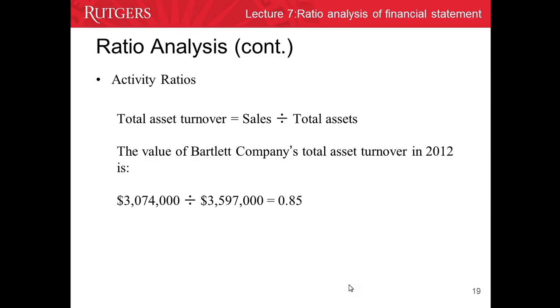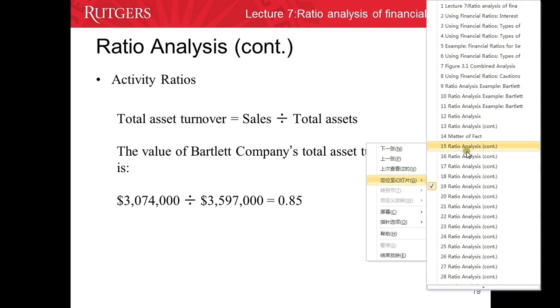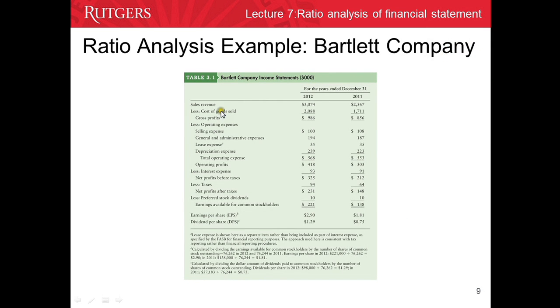Another activity ratio is the total assets turnover, which equals the sales divided by the total assets. Let's go back to the case. You can see that the total sales, the sales revenue, equals $3,074,000.